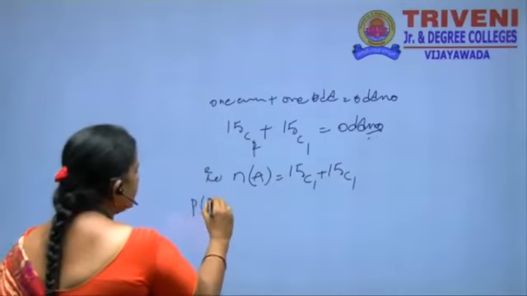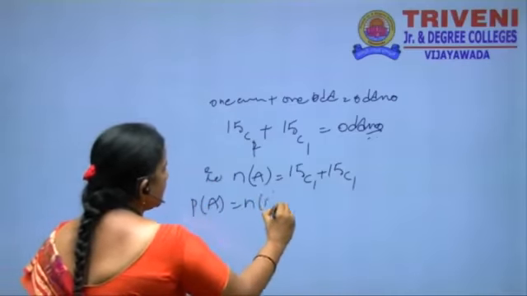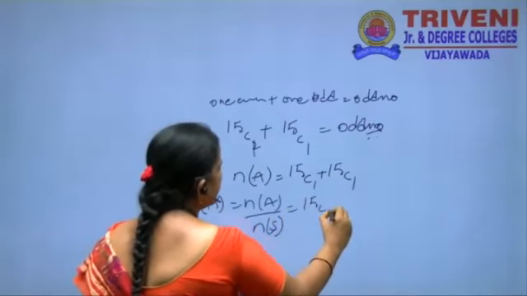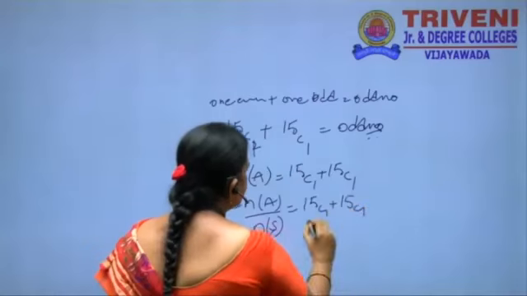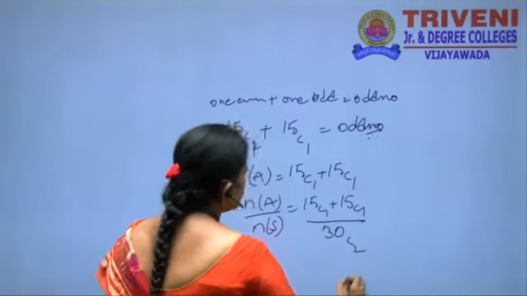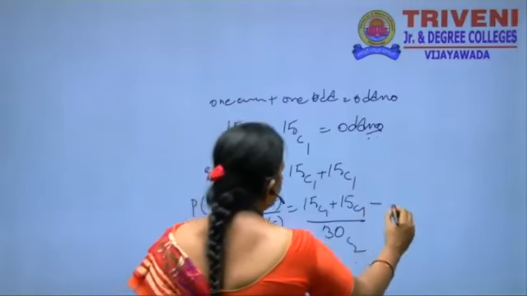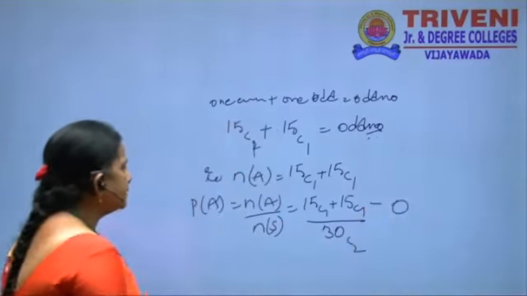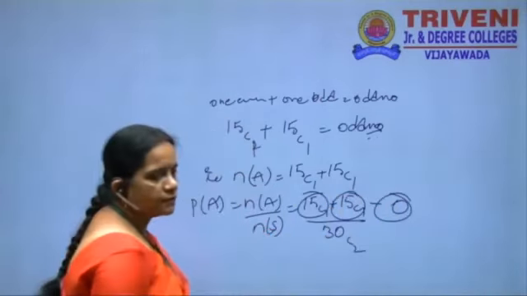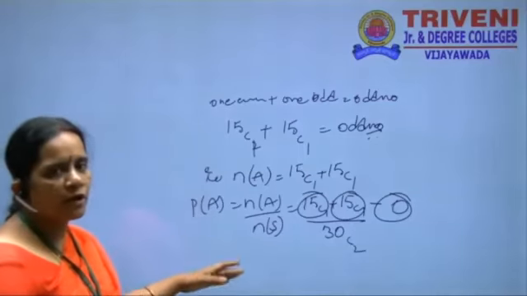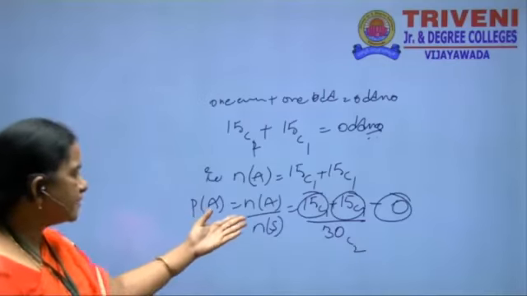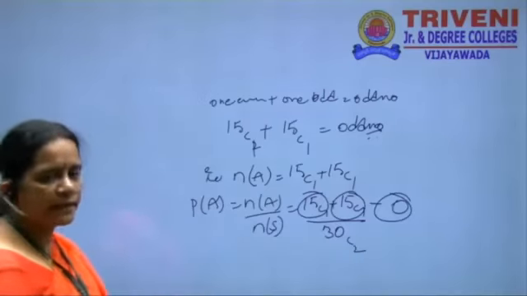Therefore, P of A is equal to n of A by n of S, that is equal to 15C1 into 15C1 by 30C2. But the intersection part is not there. Suppose we have to write it as 0. This is n of A, n of B, A intersection B is equal to 0. That type also you have to do this problem like this. So the probability of the sum being odd is 15C1 into 15C1 by 30C2.